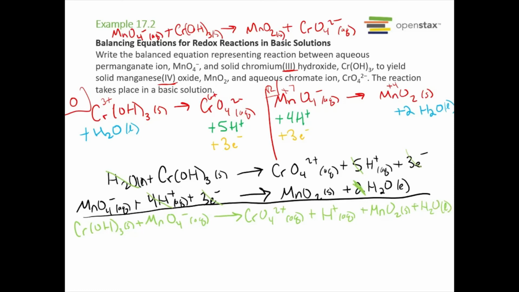But we are not done yet. This is a basic solution, and like I said at the beginning, you cannot have H plus in a basic solution. So we need to go ahead and balance the H plus by adding OH minus to both sides of the equation. So this is kind of like in algebra.